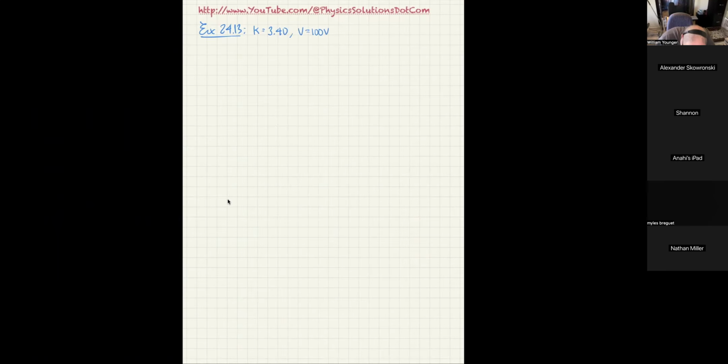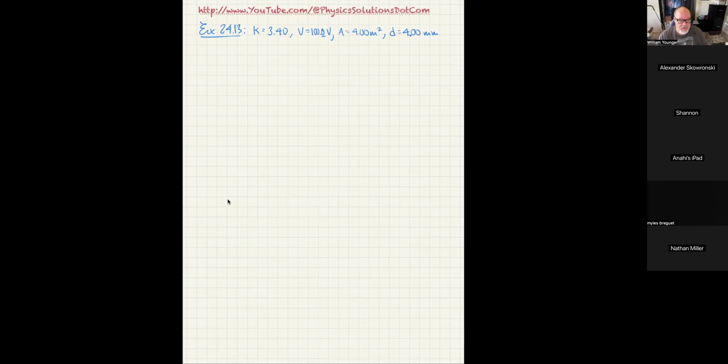And the area of the parallel plate capacitor is going to be 4.00 square meters. And I should make it be known that this 100 volts is actually 100 volts to 3 sig figs. So to do that, I'm going to write 100.0 volts like that. And finally, I have the distance is going to be 4.00 millimeters.